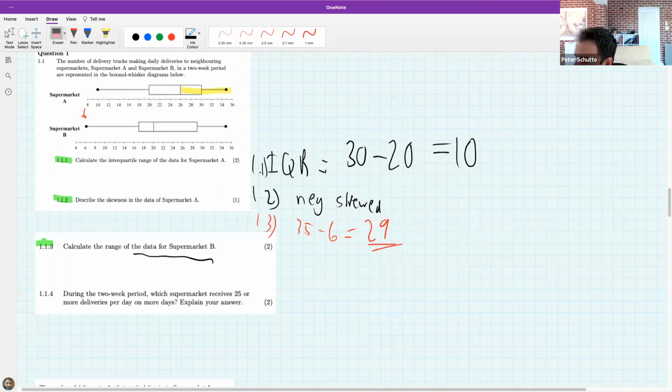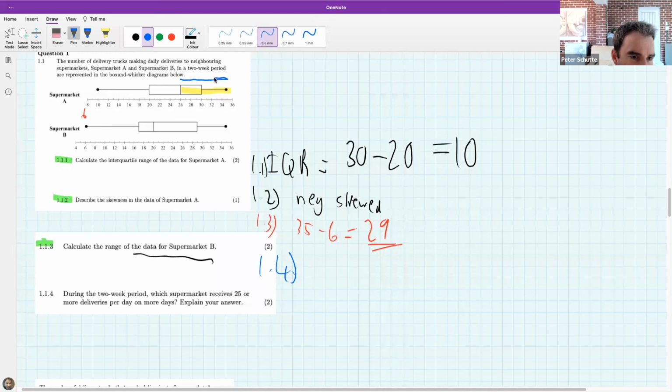Okay, let's go to Lee. Lee, what do you think? So I would say it will be supermarket A. Okay, and what are you looking at for evidence? Which one will that be? I'm looking at the top 50% range. Yeah, exactly. So you looked at 26.